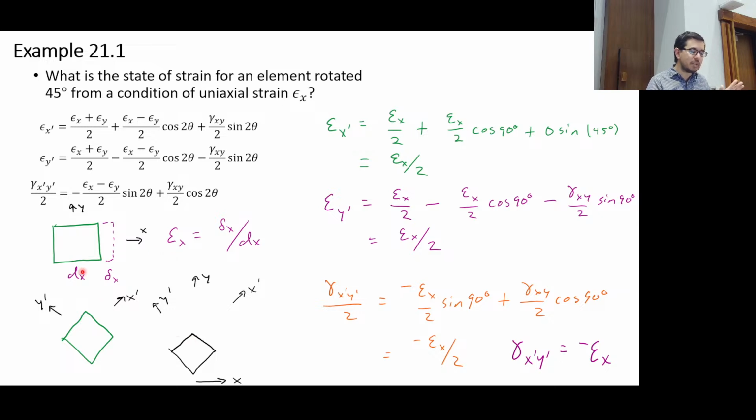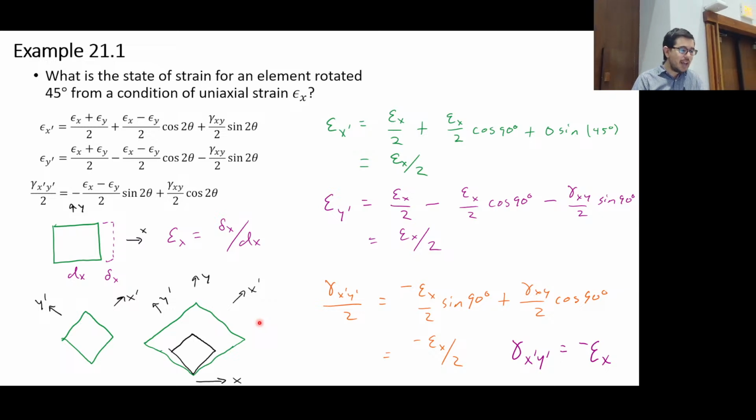I mean, this element was expanding, as you saw. So this element expands. And we can kind of draw it as becoming a larger, squarish, diamondish feature. Now, what's happening though? Okay, so we can say, okay, we got this strain in these 2 directions, as described as epsilon x over 2.